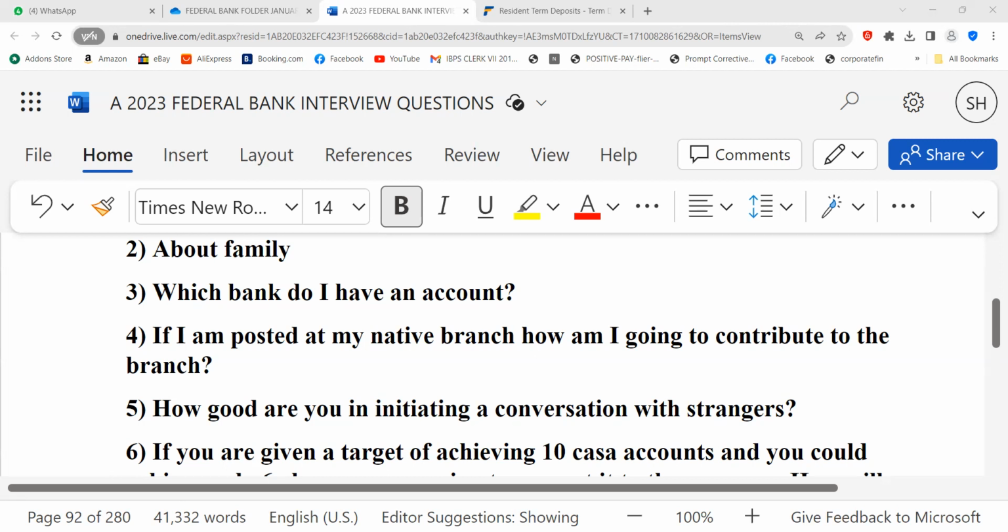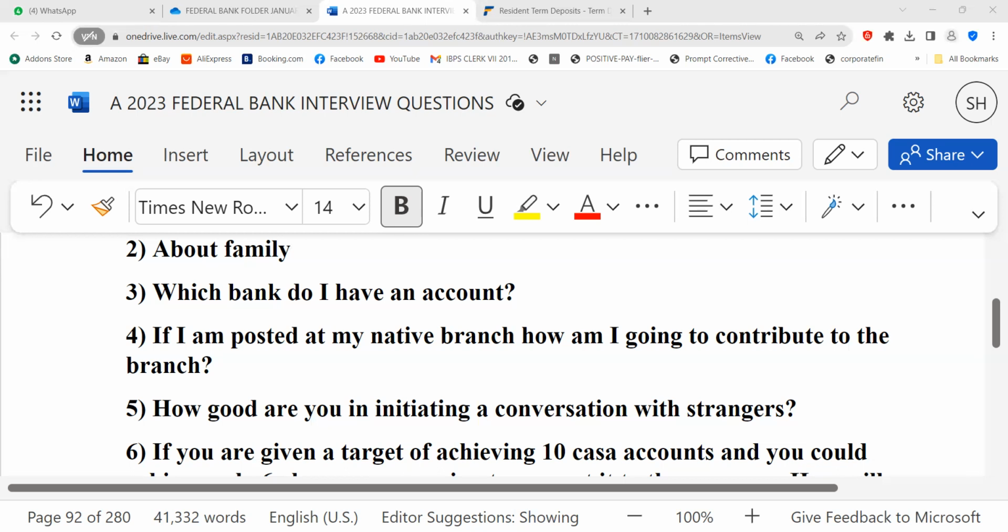I will also do more marketing of the products of the Federal Bank so that they can easily use them. Okay, Sakti Soumya.